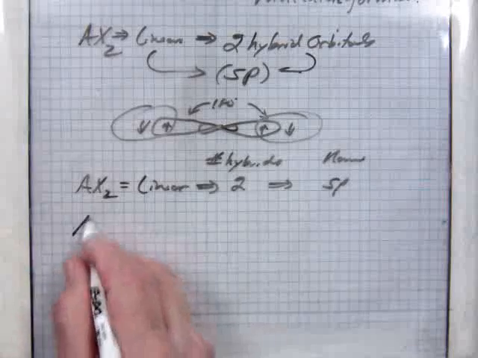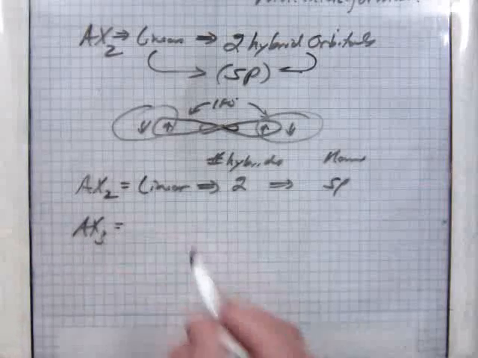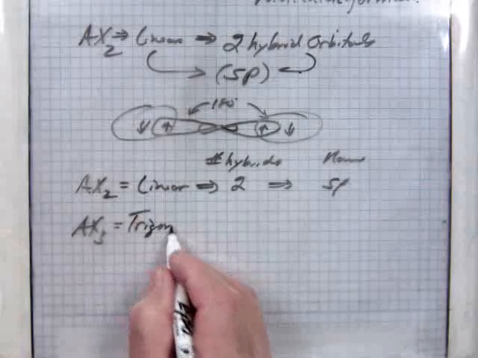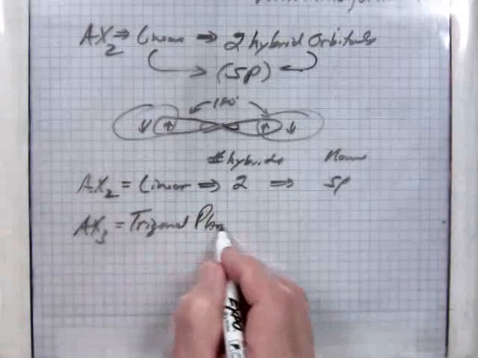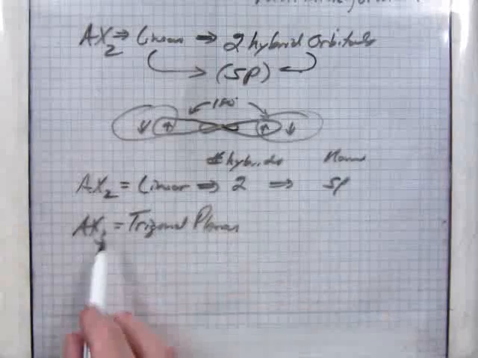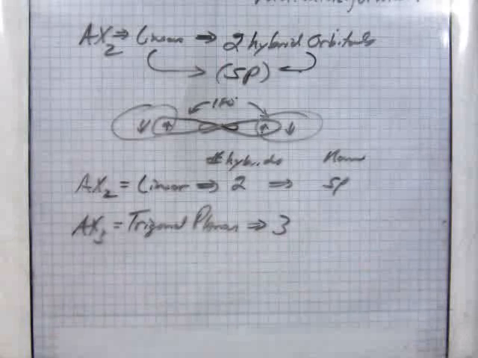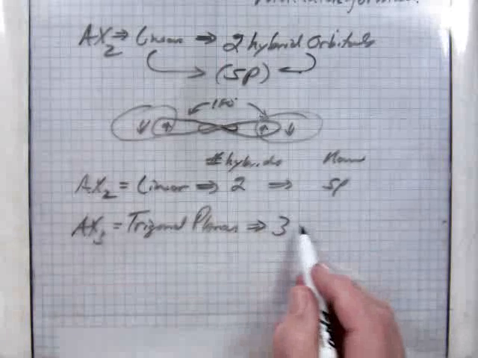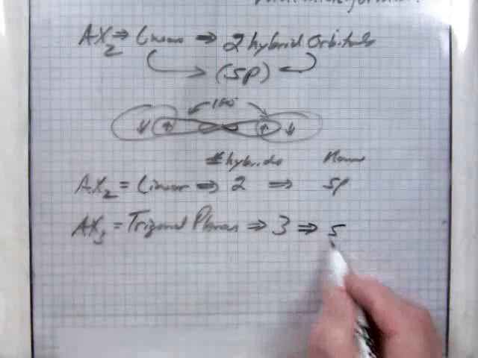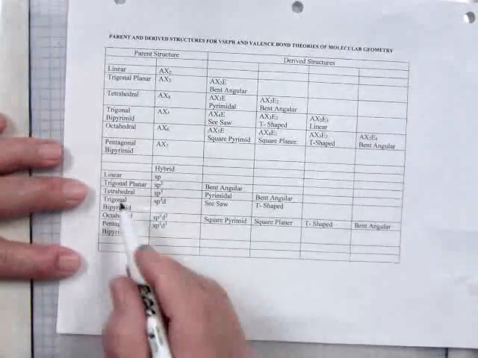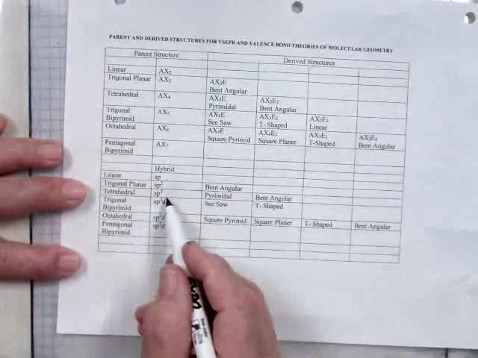If you have an AX3, that gives you a trigonal planar geometry. Well, see the three, that's three hybrids in that one. And it takes an S and two P's, and it's called an sp2 hybrid. You can look on the handout that I gave you, and you can follow where I'm going here. And then you get the tetrahedral like we did with the methane.